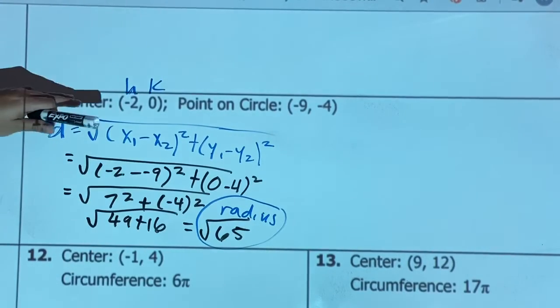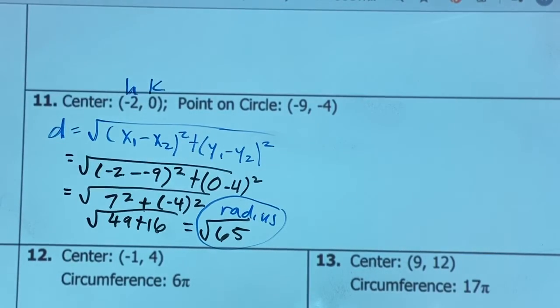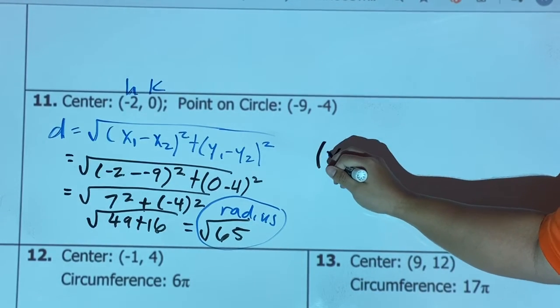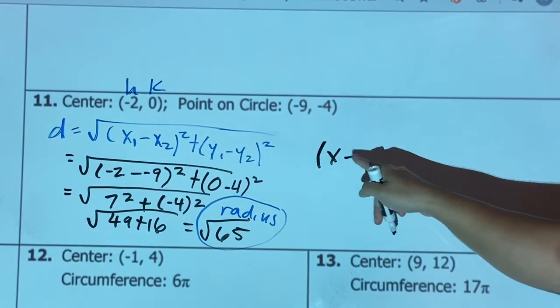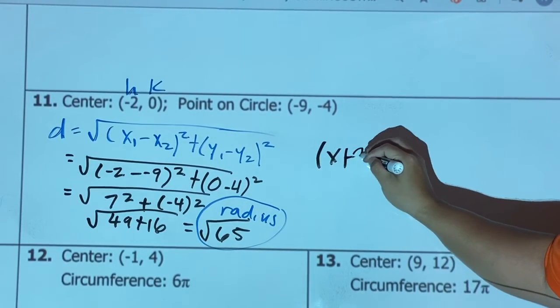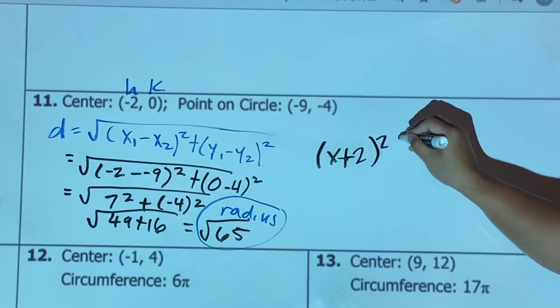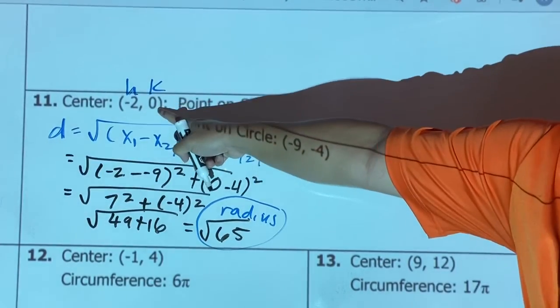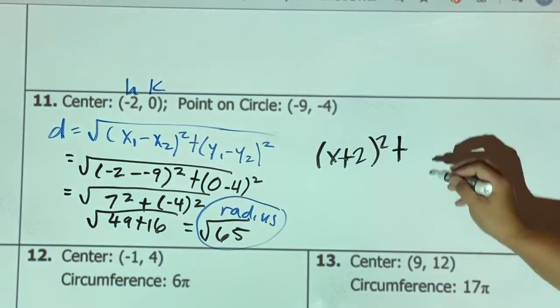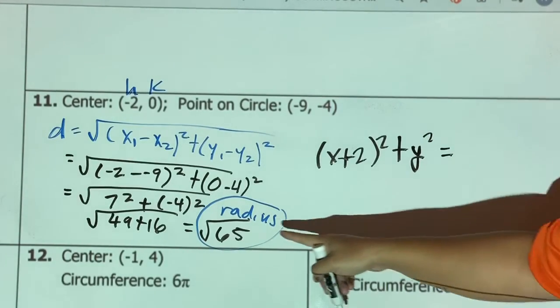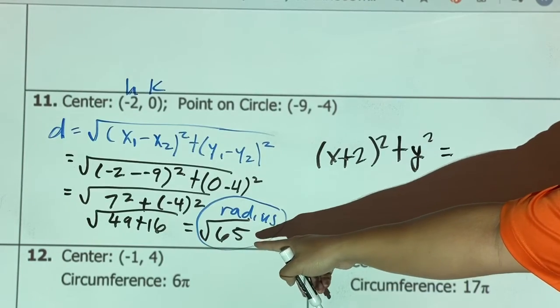Okay, so now I have my center point and the radius, so I can write out the equation of a circle. Again, you're starting off with x minus h, which is -2, so that means this becomes x plus 2 squared, and then plus y minus k, but k is just 0, so technically you can just write y squared, equals, and then the radius is the square root of 65, right?